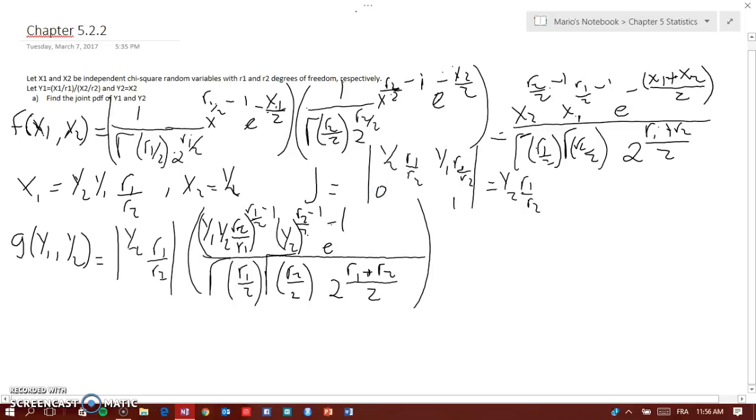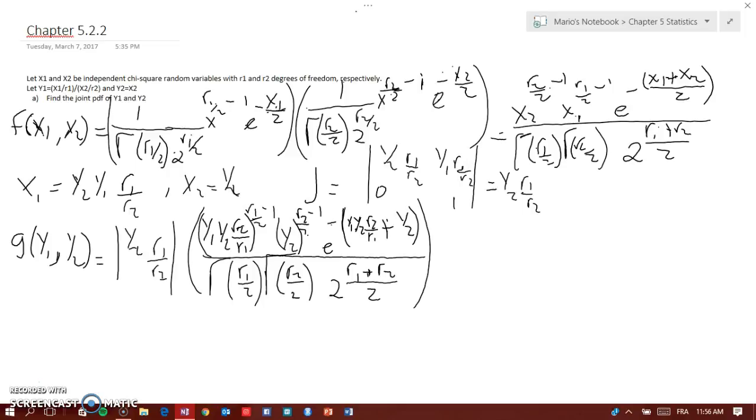Now x1 would be y1 y2 R2 over R1 plus y2, and that would be your g of y1, y2 function.